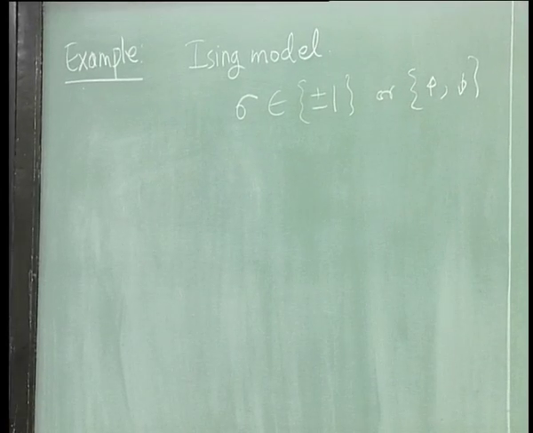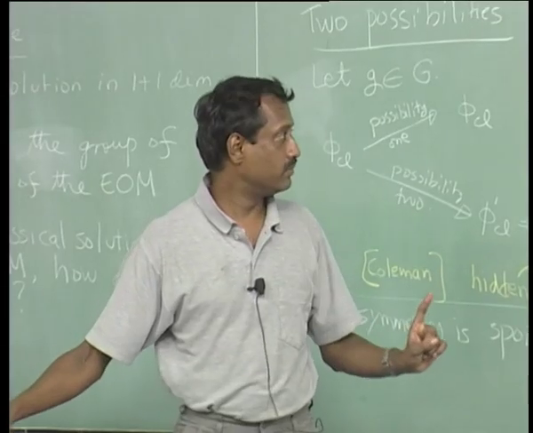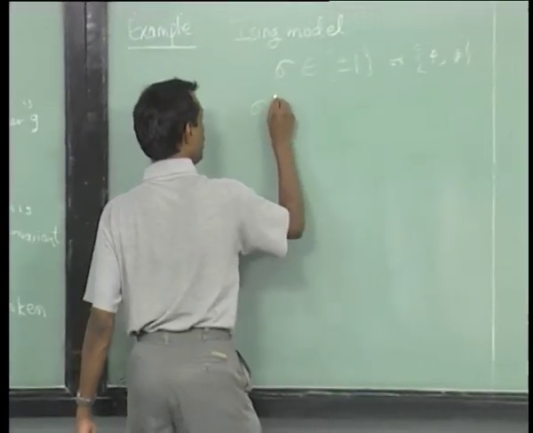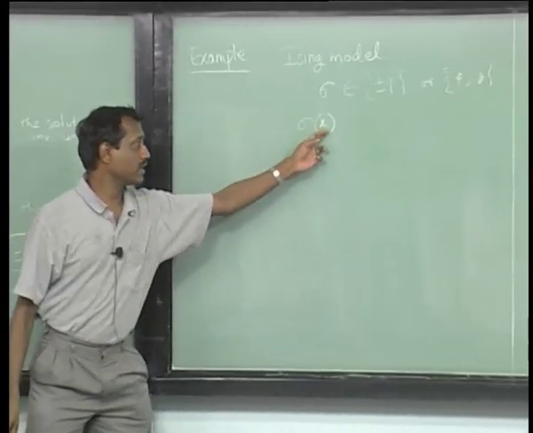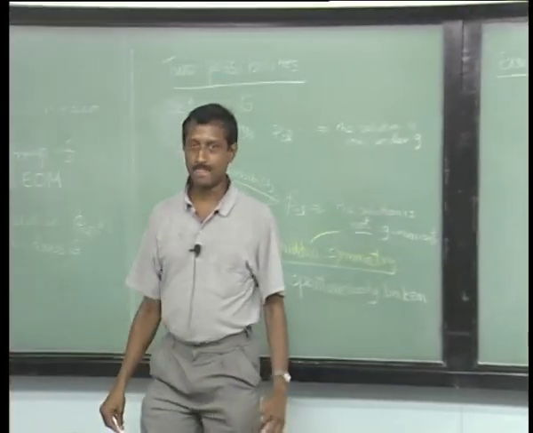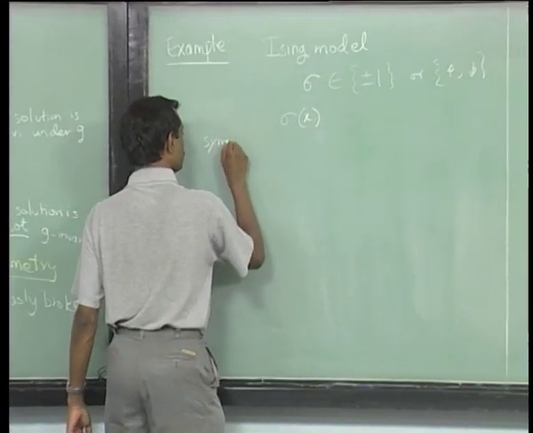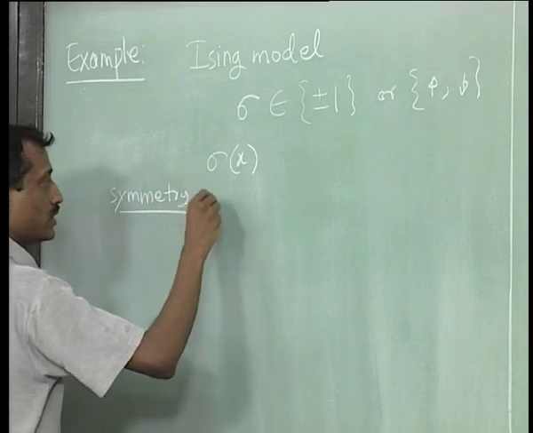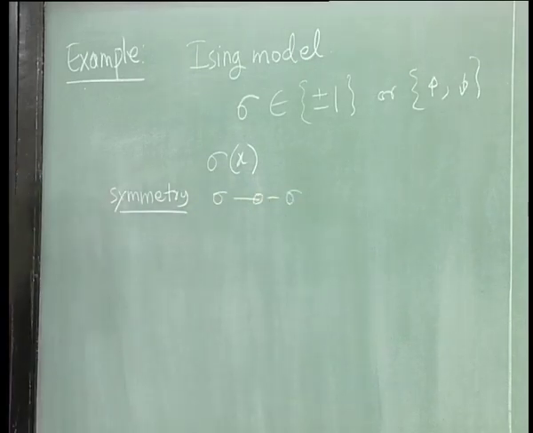In a continuum description, if you have a spin field at every lattice site, you just replace it by a field which is Z2 valued and has some value at every point. So this theory has a symmetry which is sigma goes to minus sigma.